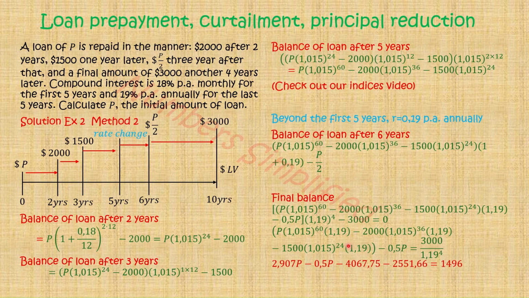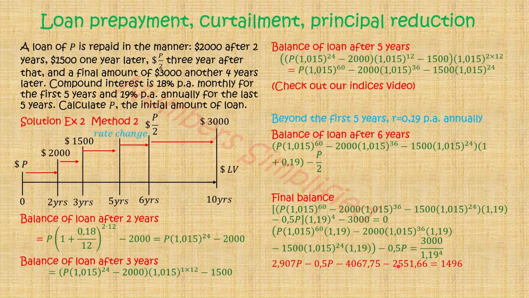And for the second term, where we have a minus 2,000, multiplying with that, we are going to get all these other terms. So it is also a good thing to group like terms. So I shift the minus 0.5p closer to the 2.907p so that we are able to deal with the p, and all the other terms are just kept by themselves and they're negative because they were subtracting.